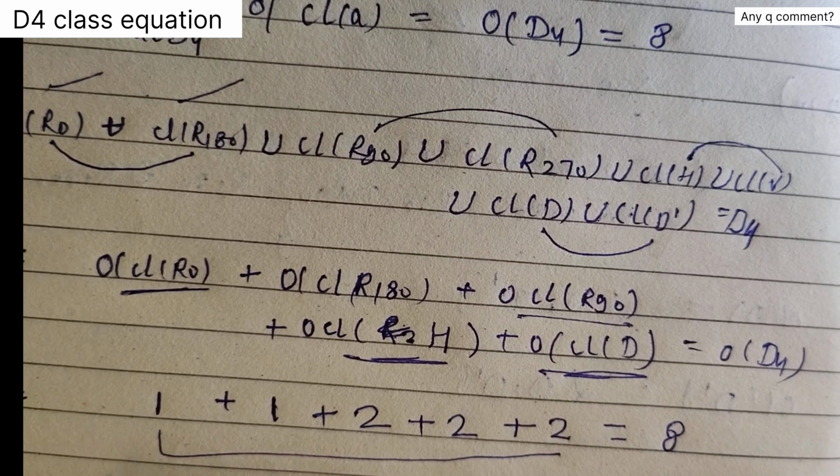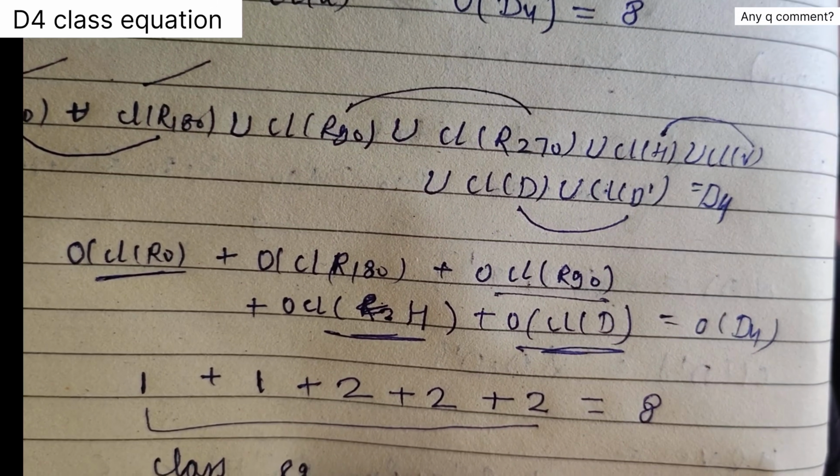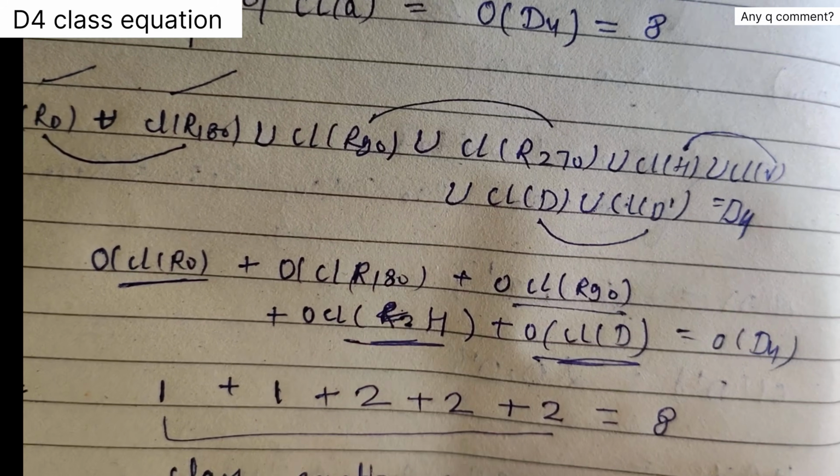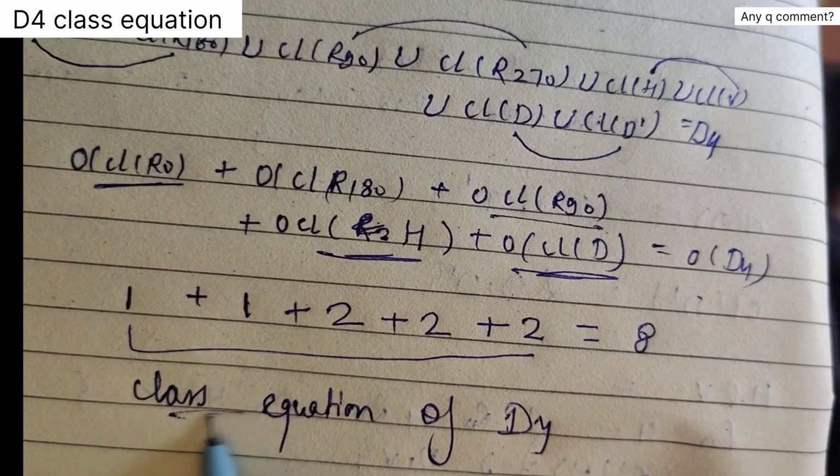So this is basically the class equation of D4. What is a class equation?